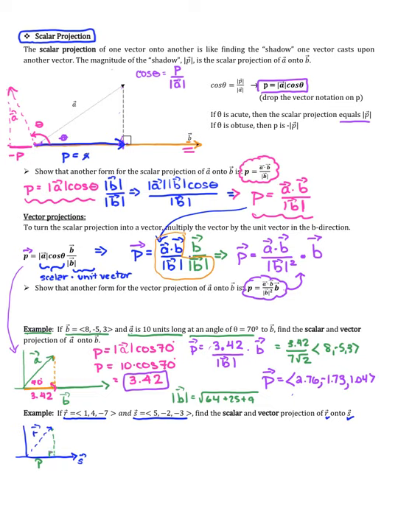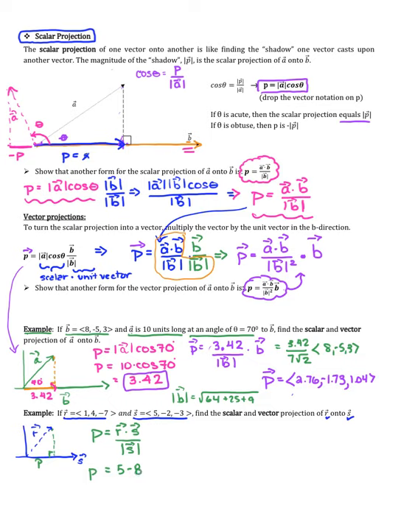Since I'm given it in component form, we are going to use the version, and again we just want to do the scalar first. So this is going to be r dotted with s, the dot product, over the magnitude of your displacement vector. Everything there is just a number. So r dotted with s is going to be 1 times 5 plus 4 times a negative 2 is a negative 8, I believe.